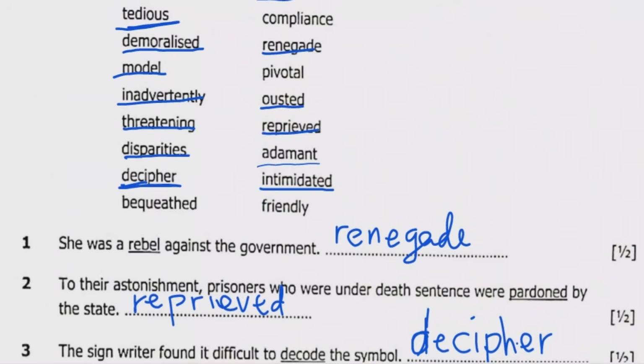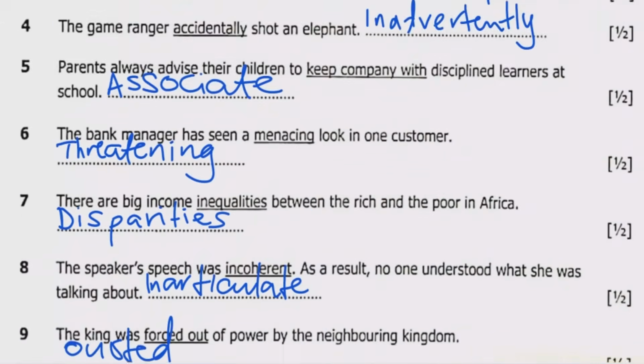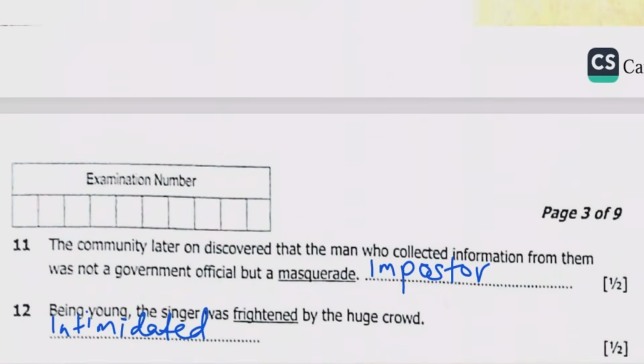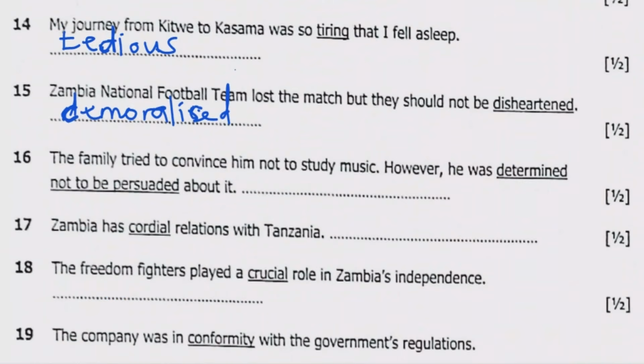If you are asked why you are adamant about a situation or story, that means why don't you want to leave it. You just insist that whatever course you have taken should be taken. So the correct answer here is adamant.